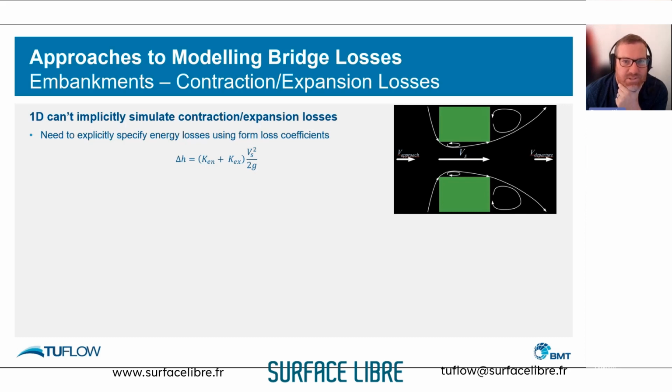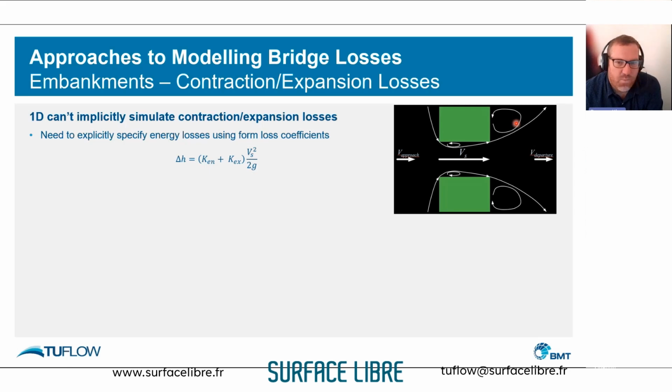They can't be represented using 1D hydraulics. So we have various entrance losses to represent the contraction of flow. We also need to represent the vena contracta, which is this component here. We need to represent those. Then we have to represent our exit losses, which represent that expansion of flow on the downstream side.